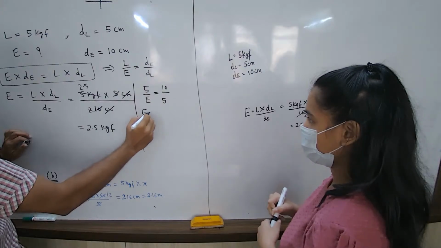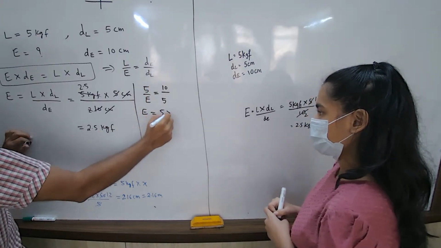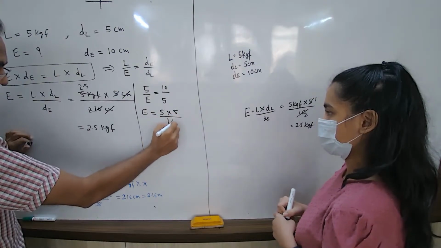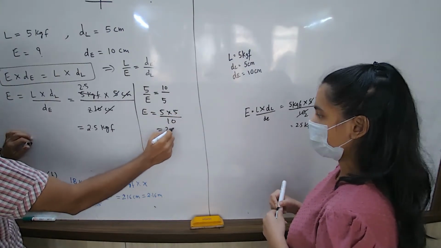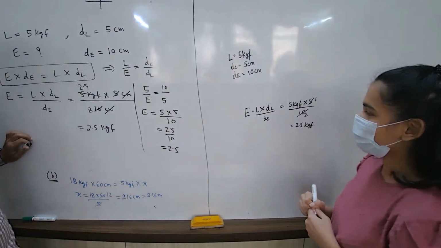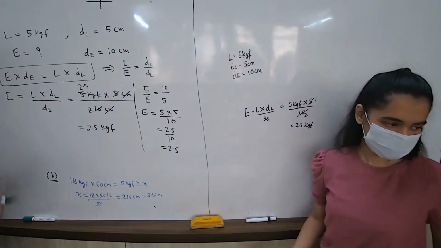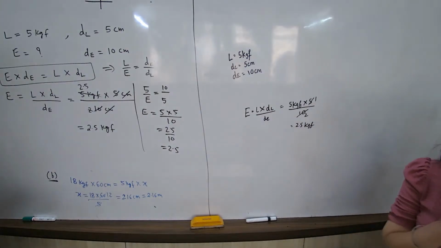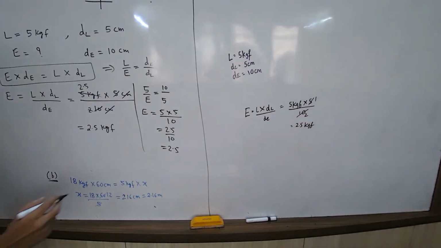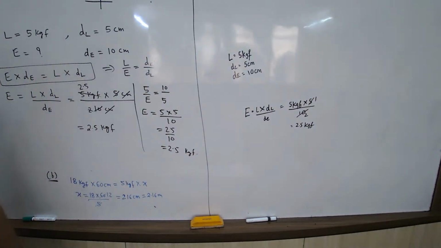Therefore E is equal to क्रॉस मल्टीप्लाई करो. 5 into 5 by 10 आना चाहिए. तो ये होगा 25 by 10. तब 2.5 आएगा. ठीक है ना, एक चीज तुमने सब्स्टिट्यूट नहीं किया था, गलत नहीं था. गलती समझ में आना जरूरी है, कहाँ पे मिस्टेक हो रहा था, ठीक है.